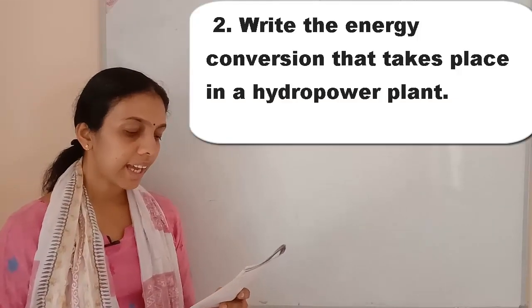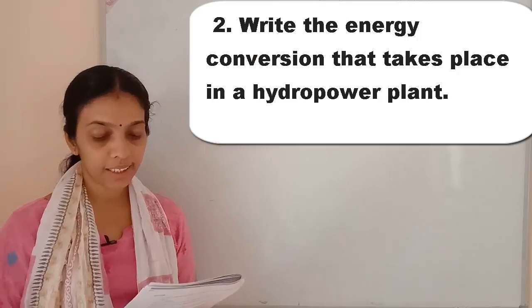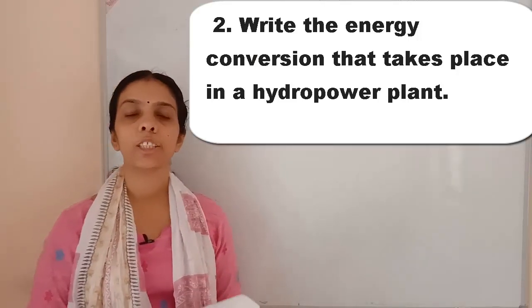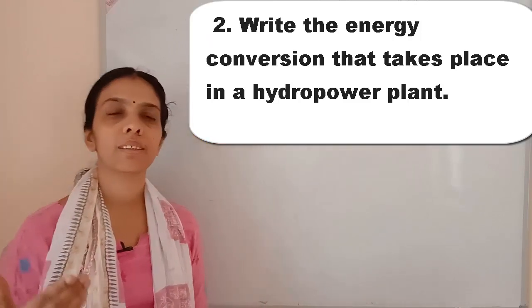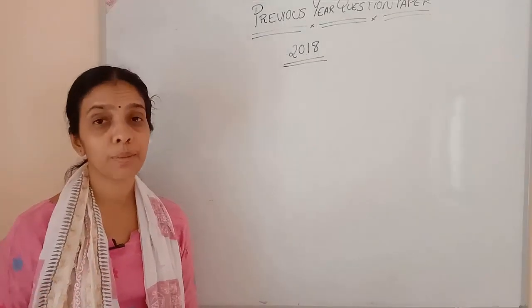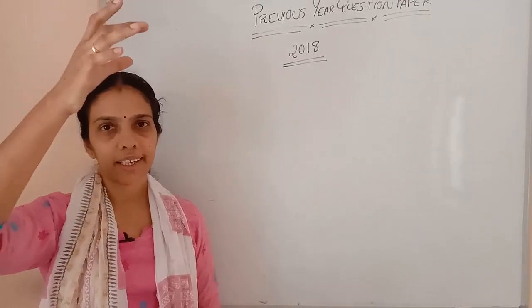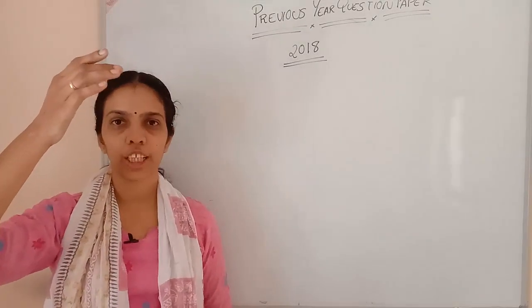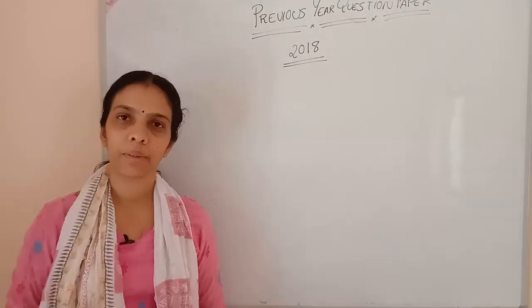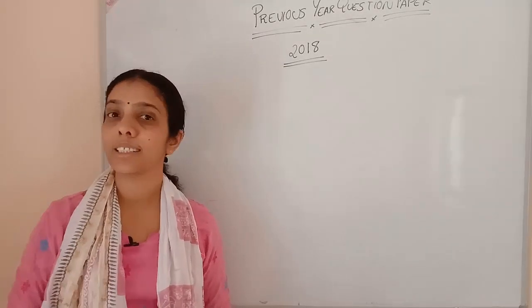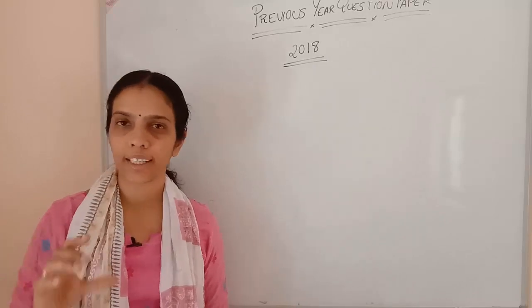Write the energy conversion that takes place in a hydropower plant. In a hydroelectric power plant, what is the energy conversion which is happening? In dams, it is potential energy. From the dam, water is coming down, that means it has kinetic energy. It is under motion, so kinetic energy.